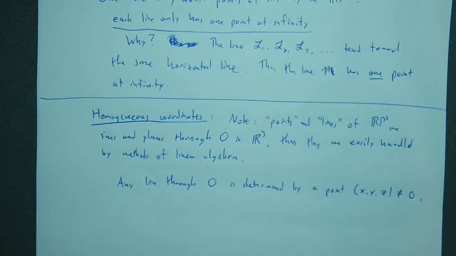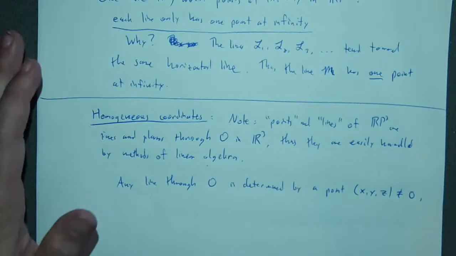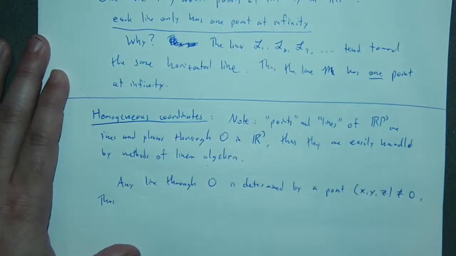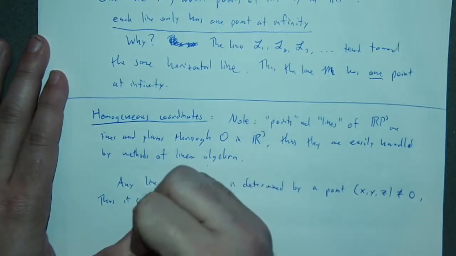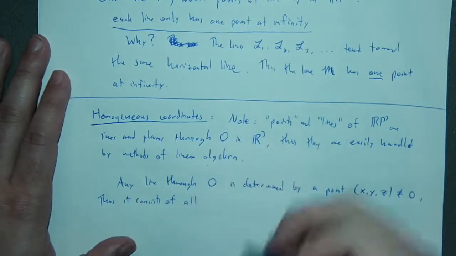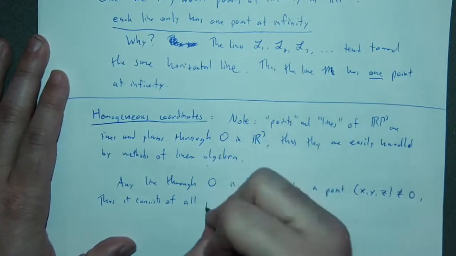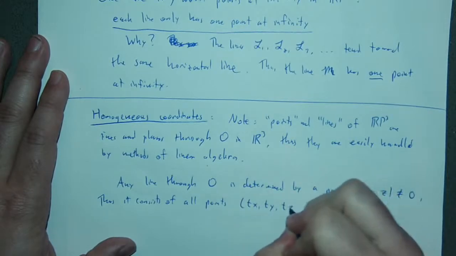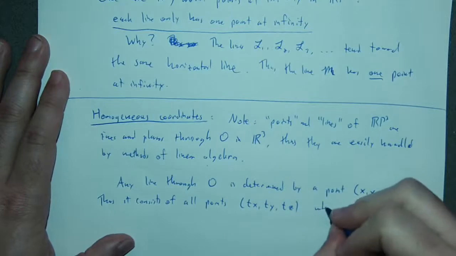The vector associated to this triple determines the line, which is the set of all scalar multiples of it. So it consists of all points tx, ty, tz, where t is any real number.